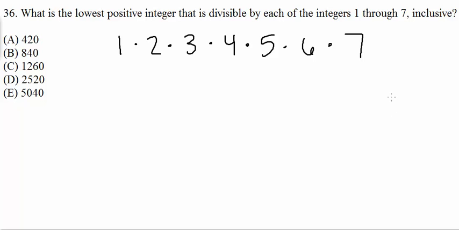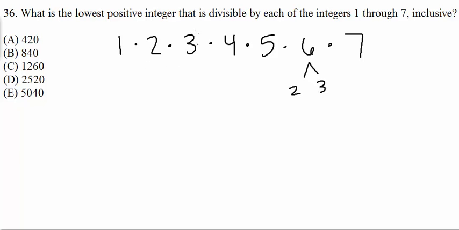So you might be tempted to just multiply these numbers together, which also would probably seem a bit intimidating, even for myself. But the lucky thing is that we can remember that we don't have to include every one of these values because some of the numbers in this set are just a product of some of the other numbers. So for example, this 6 can be broken down into a 2 and a 3.